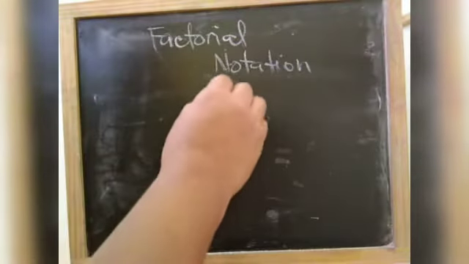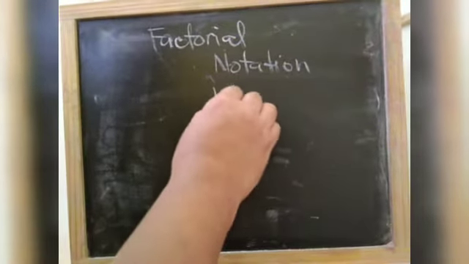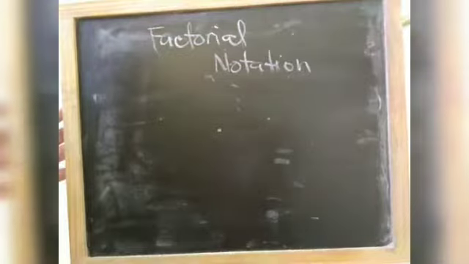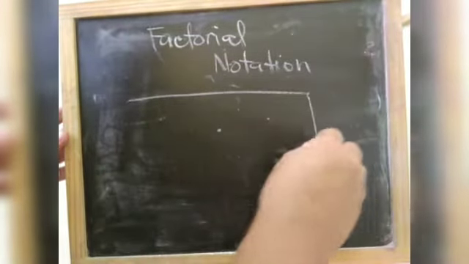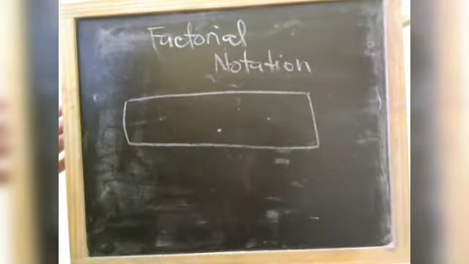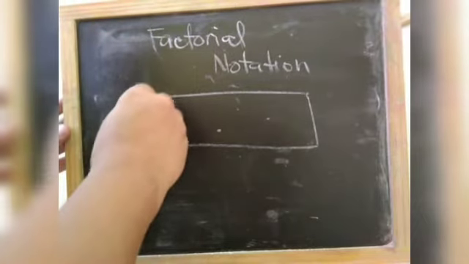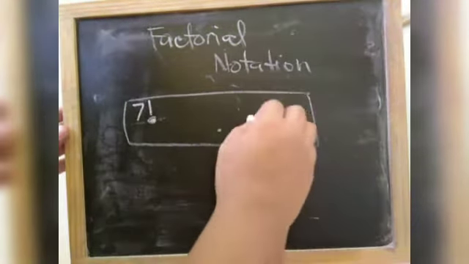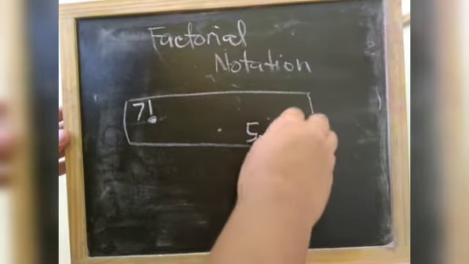Minsan naman, nasa itaas yan. Aralin nyo lang kung paano nyo ginagamit ang scientific calculator ninyo. Usually ganyan ang display niyan: 7 factorial. Hahanapin nyo lang yan. Pag in-equal sa inyo, lalabas agad dito yung sagot, 5,040.